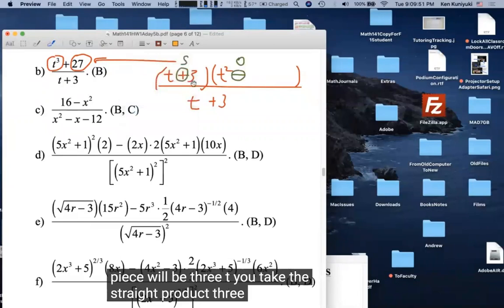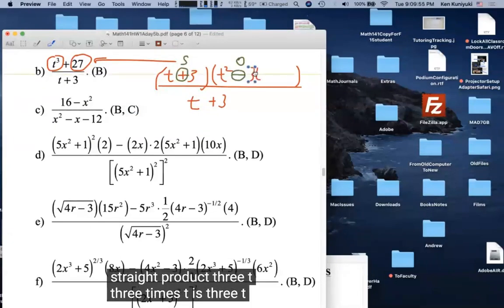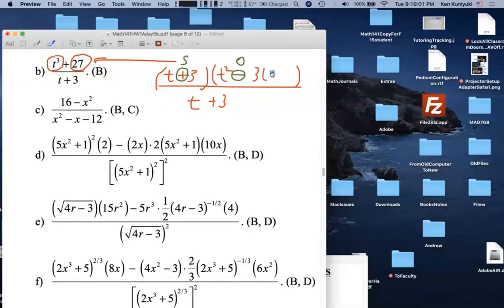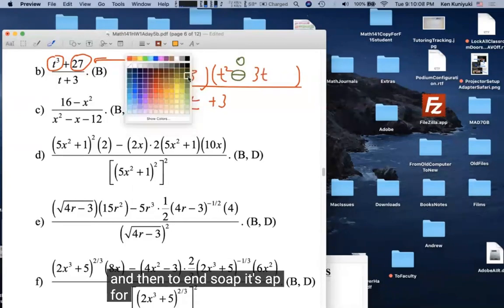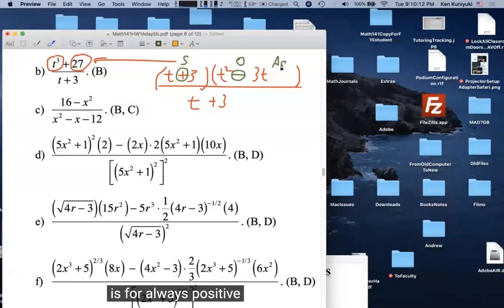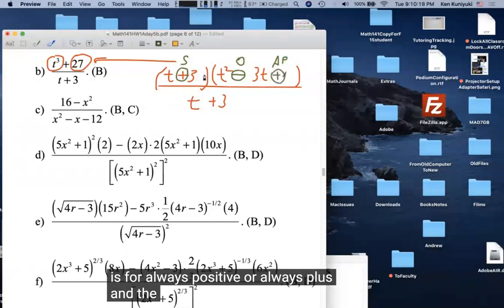You take the straight product, 3 times t is 3t. And then to end SOAP, it's AP for always positive, or always plus. And the square of 3 is 9. So the student's correct.